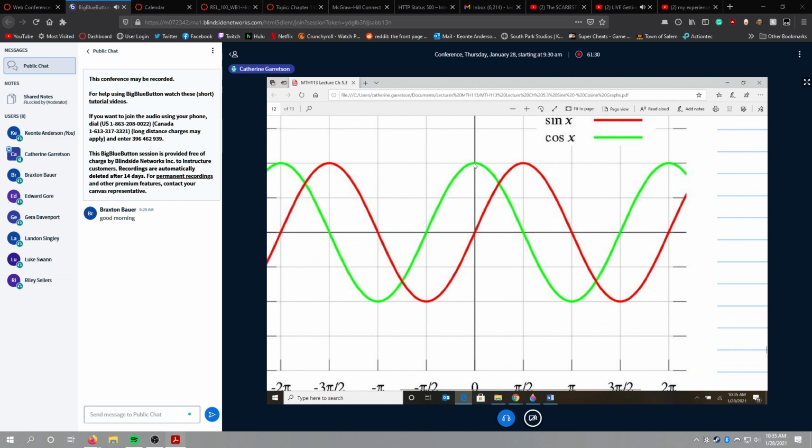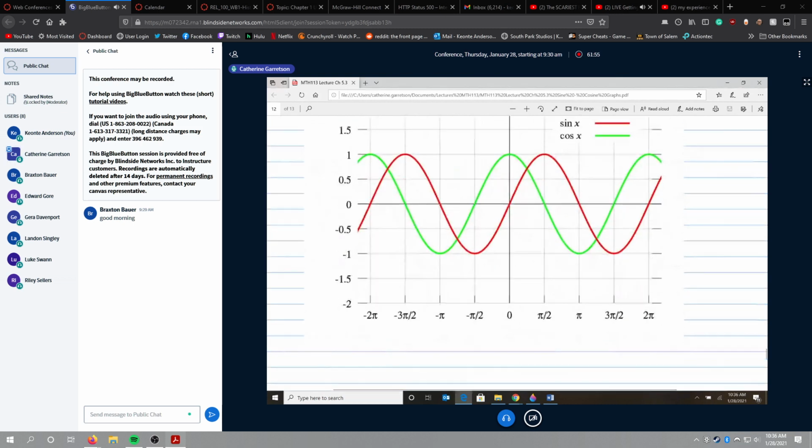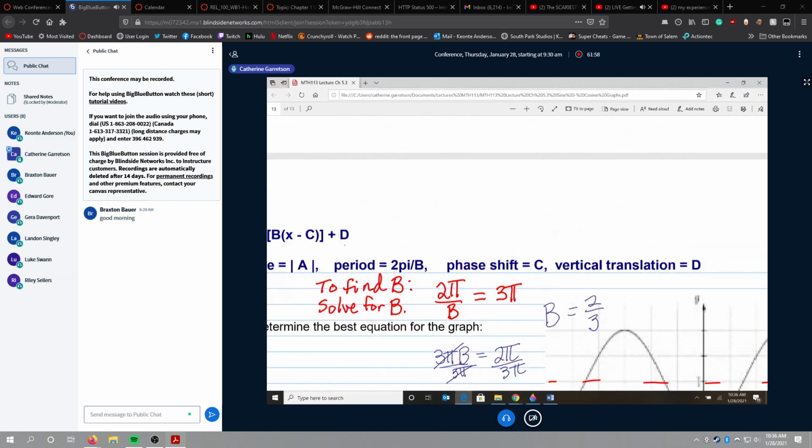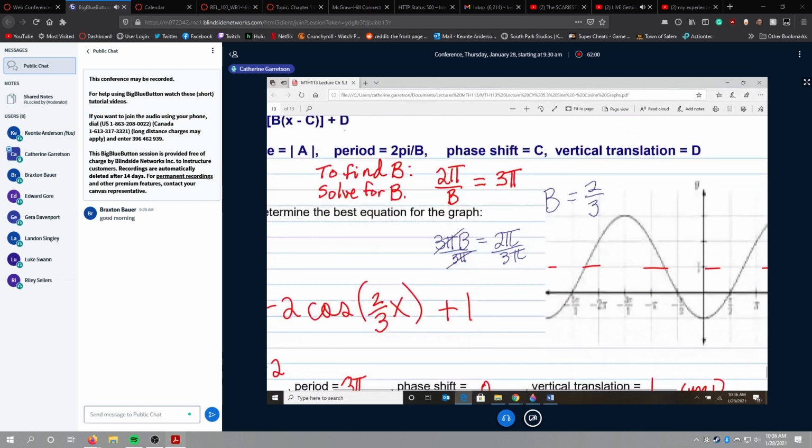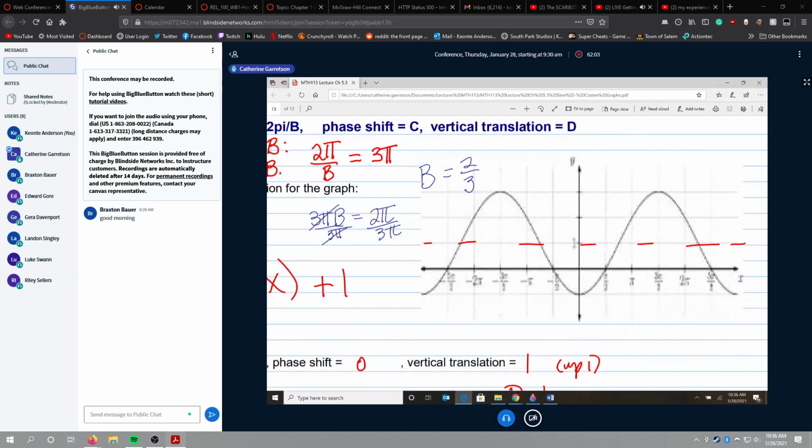Now, look at what the cosine does. Where is the y-axis hitting the graph? It's hitting it at the top of the curve. If it's reflected, the y-axis would be hitting it at the bottom of the curve. So when I look at a graph and I'm given a bunch of equations and asked which equation best matches the graph, the very first thing I look at is, what is the y-axis in relation to the curve?